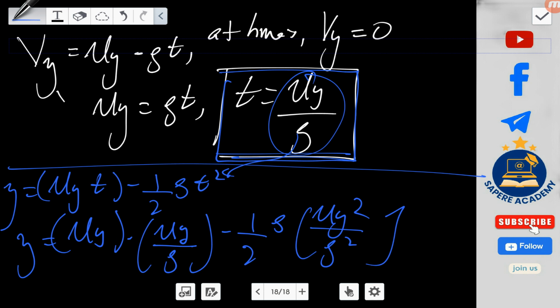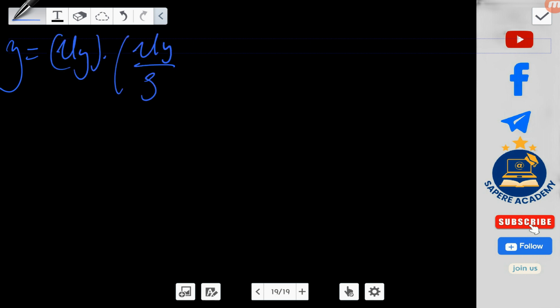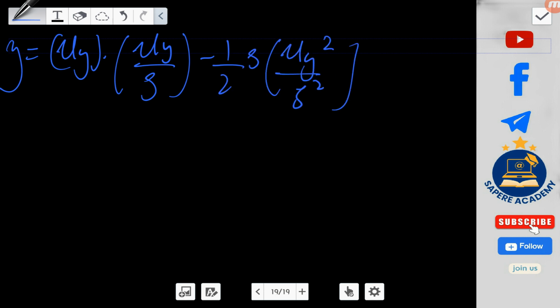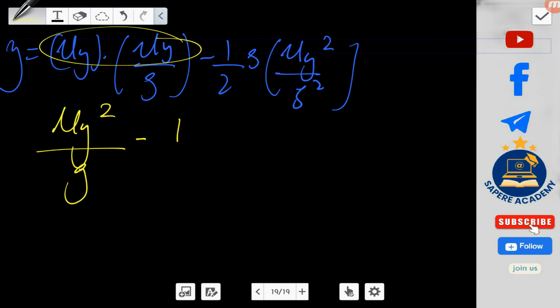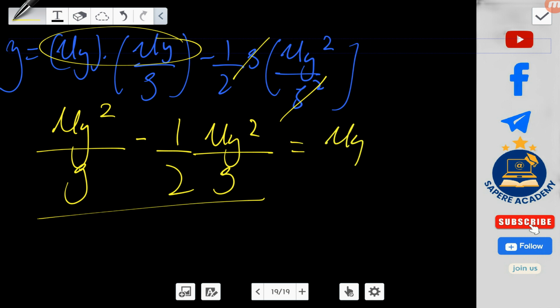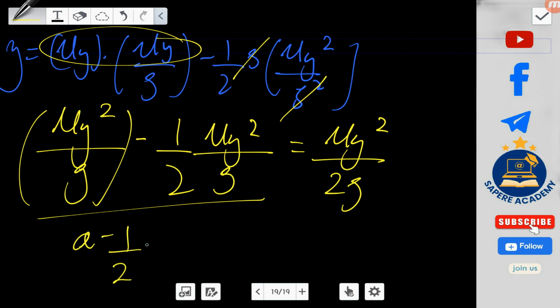Simplifying, we get u of y squared divided by g minus half of u of y squared divided by g, which gives u of y squared over 2g. Using this equation we can derive h max.